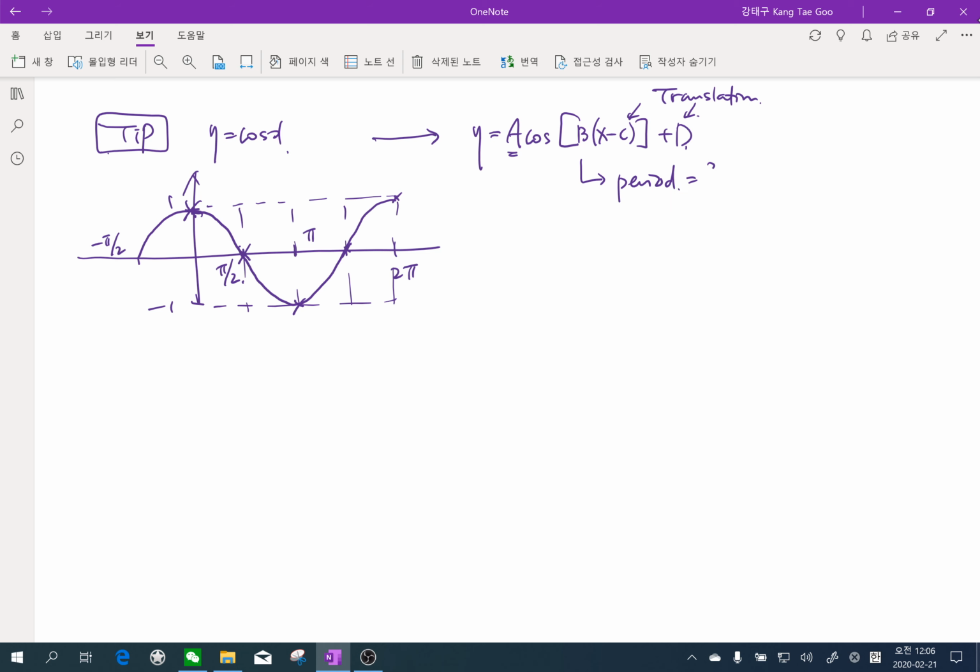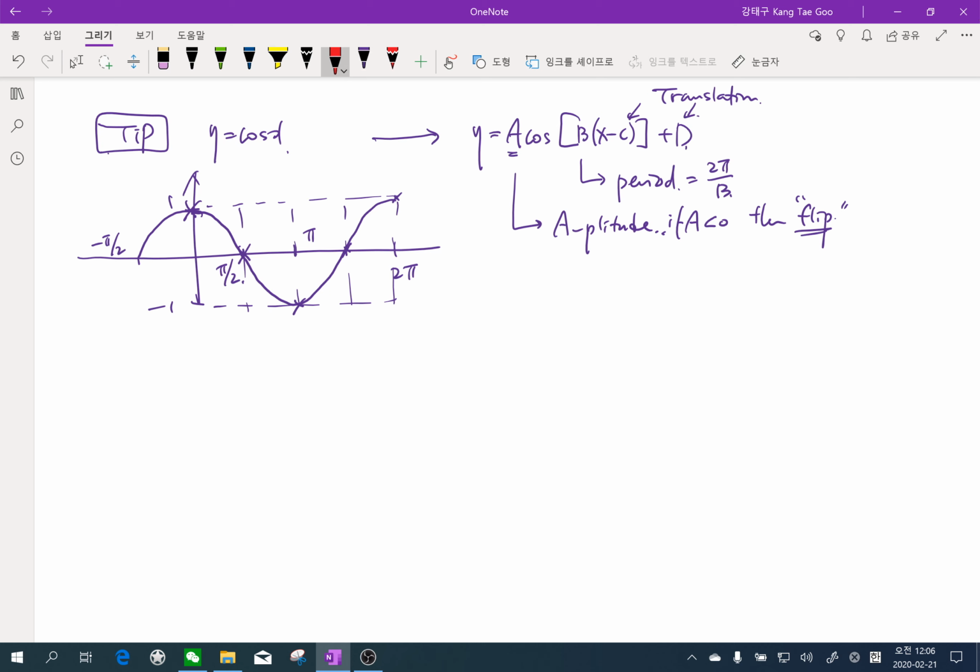The period is 2 pi over b, right? a is the so-called amplitude. If a is negative, then I can say flip the graph.